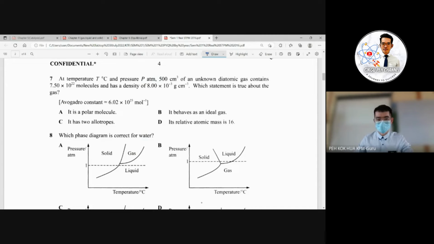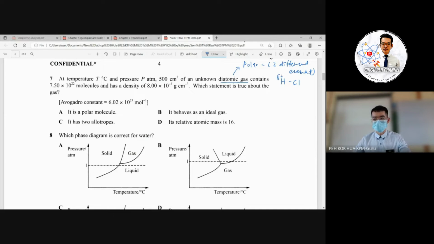So which statement is true about the gas? Okay, so firstly, it is mentioned that this is a diatomic gas. So we have many examples. For example, we have the polar one. So for a polar one, normally it involves two different elements. So for example here we have HCl.